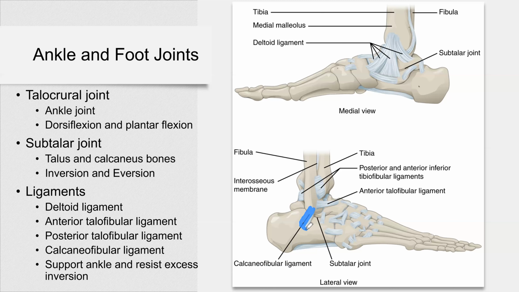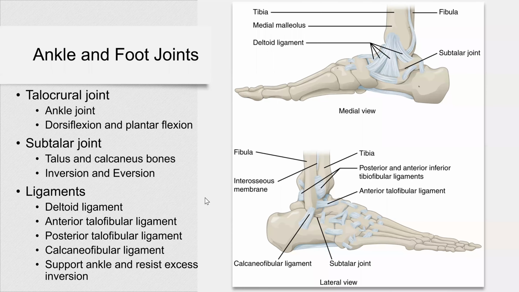So if you don't remember a name, at least when you see the name, you know what bones are connected by that ligament. Right? So ligaments support the ankle and resist excess inversion.